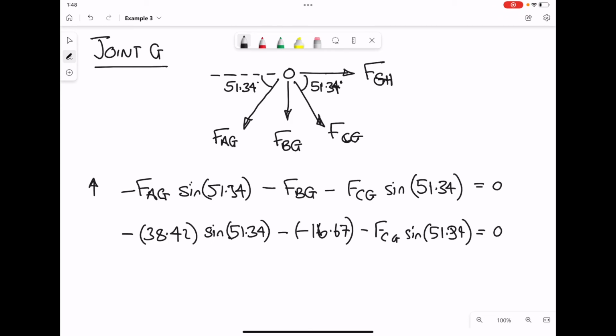So what do we have? We have minus 30.00 plus 16.67 is equal to force CG times the sine of 51.34 degrees. When you move it over, it becomes positive.